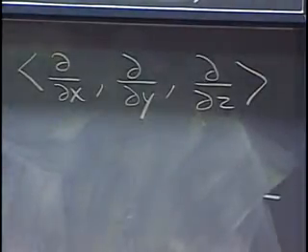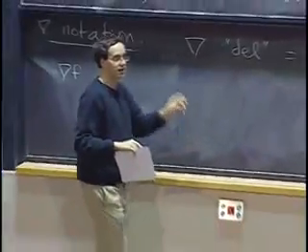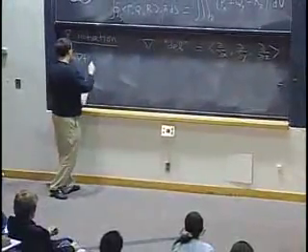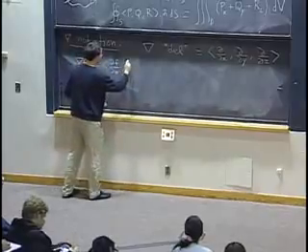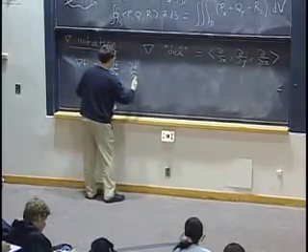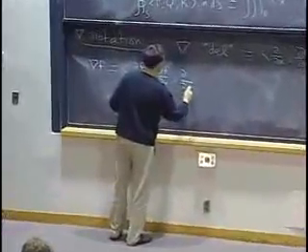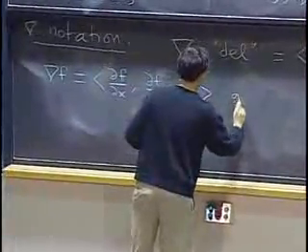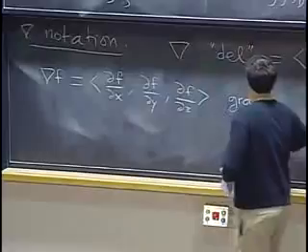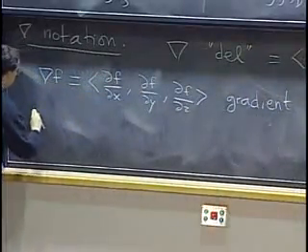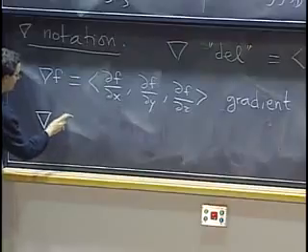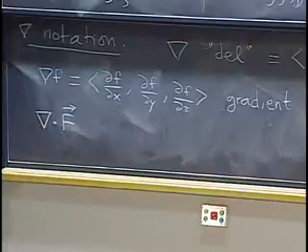But see, for example, the gradient of a function: if you multiply this vector by a scalar, which is a function, you'll get partial x of f, partial y of f, partial z of f. Well, that's the gradient. That seems to work. And now the interesting thing about divergence is I can think of it as del dot a vector field.